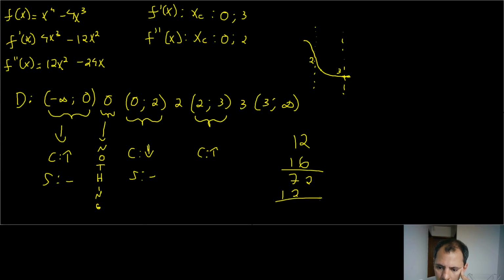So at 4, if you plug 4 here, 16 times 12, okay, 192, minus 4 times this, which is going to be 96. Yeah, so it's positive.